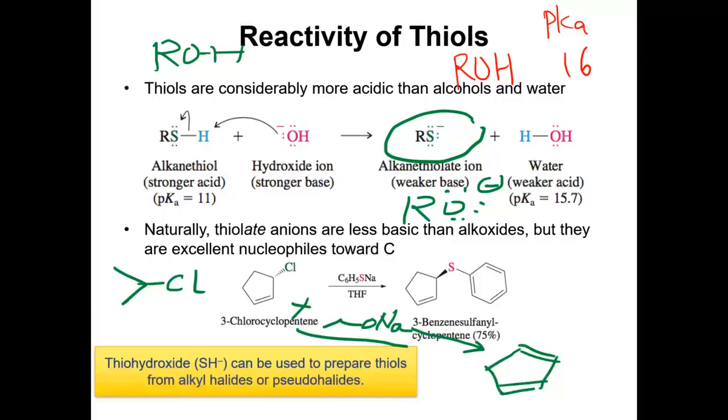When you consider the competition between elimination and SN2, we need a reference system. The reference system is a secondary alkyl halide and alkoxide. In that kind of system, you have E2 elimination as the major product.